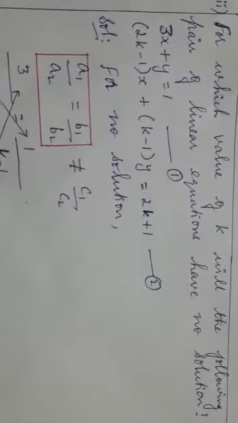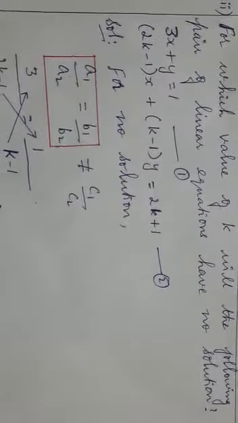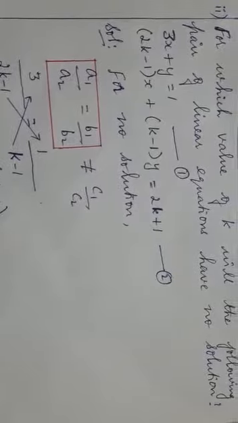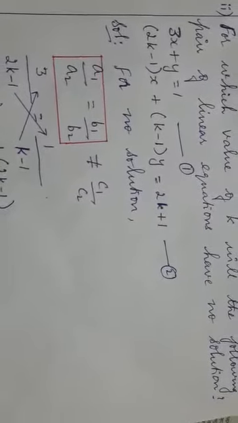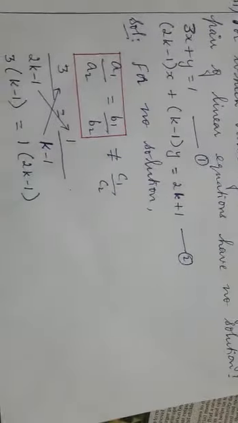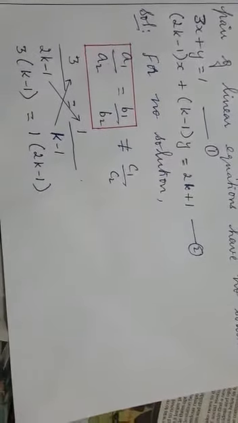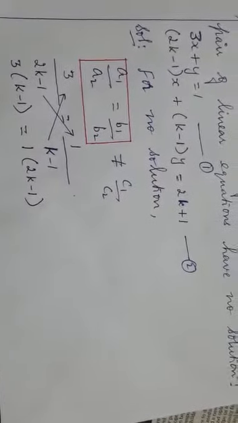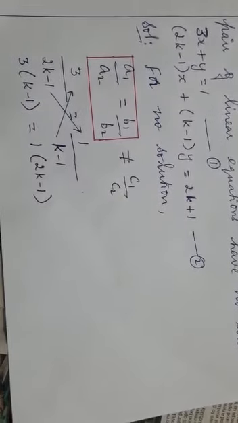For no solution, a1 by a2 is equal to b1 by b2 is not equal to c1 by c2 is the condition for that. Since the last one is not equal to, I have not taken that. The first two I have taken. So a1 by a2, 3 by 2k minus 1 is equal to 1 by k minus 1. Now cross multiplication, 3 into k minus 1 is equal to 1 into 2k minus 1.